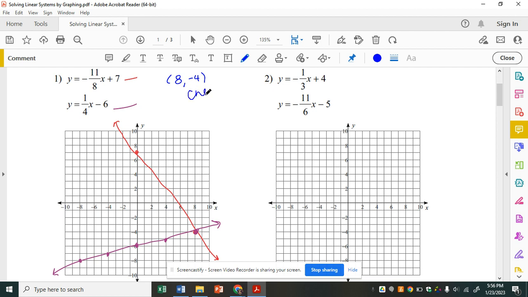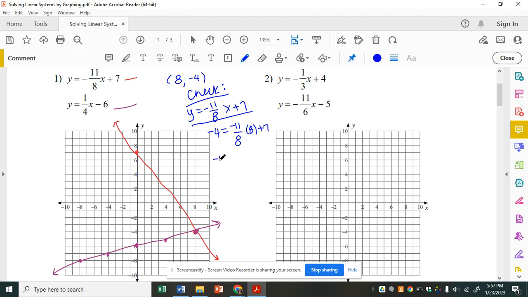So we're going to check by taking my first equation and plugging in negative 4 for my y value. That's going to be equal to negative 11 over 8 times my x value, times 8, plus 7.